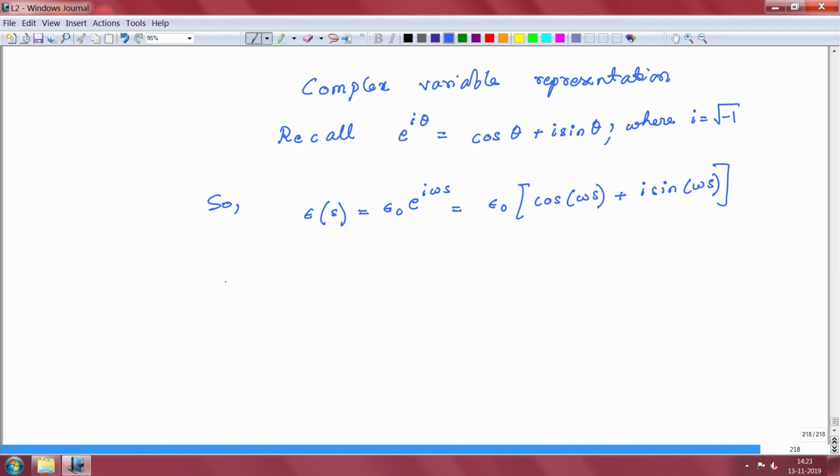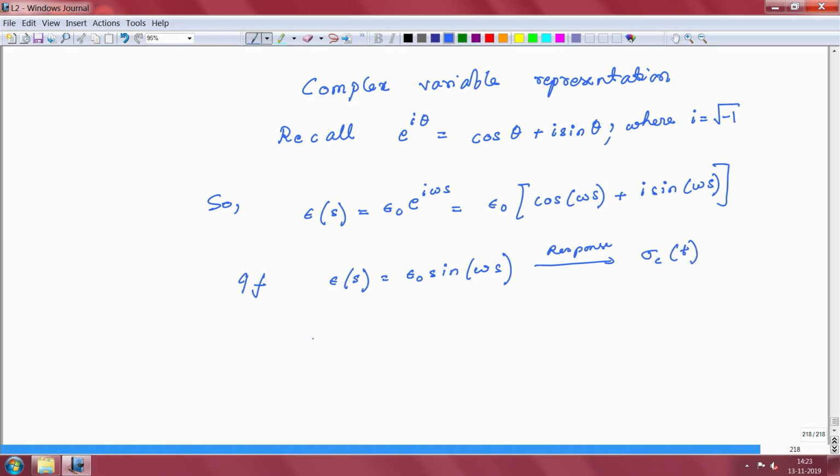Now, we had discussed what the responses are if the inputs are a cosine and a sine function, in the last class, right. So let us just write down if you have epsilon s as epsilon naught sine of omega s, then it leads to a response, and the response now is some function of time, right, which we did last time.